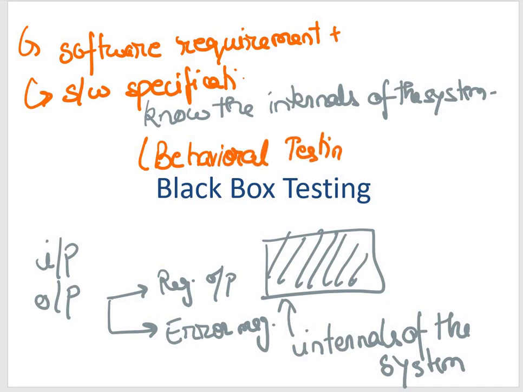Why behavioral? Because here we are looking at your non-functional requirements as well. That totally depends on the kind of inputs, outputs, or how the system is behaving. That's why it is termed behavioral testing.